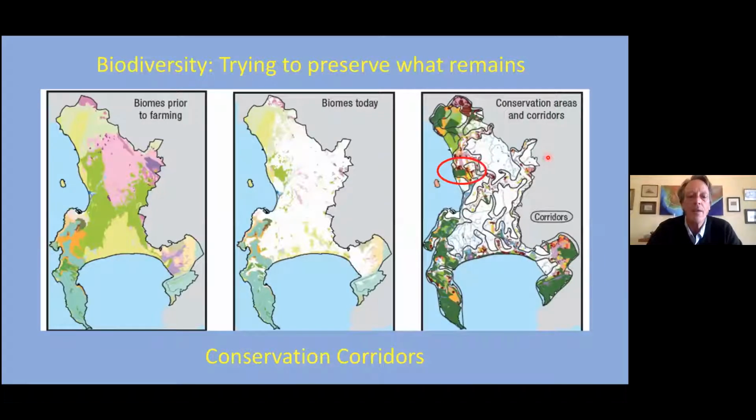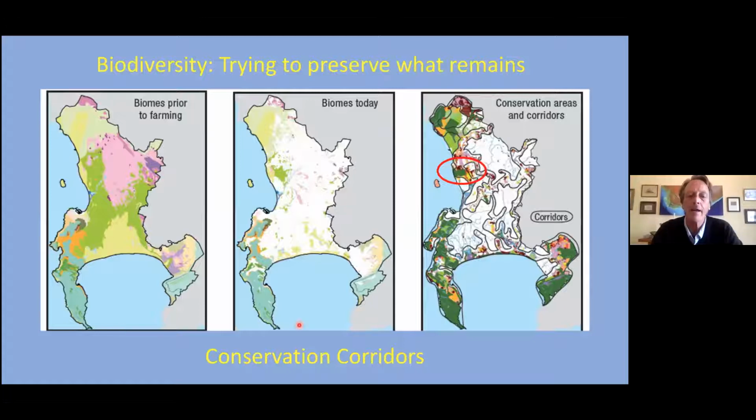Now, one of the key issues locally, certainly in the Cape Town area, is around conservation. And what we can see from this diagram is three images. On the far left, we have the biomes, the plant communities that existed prior to farming, as best as we could determine.